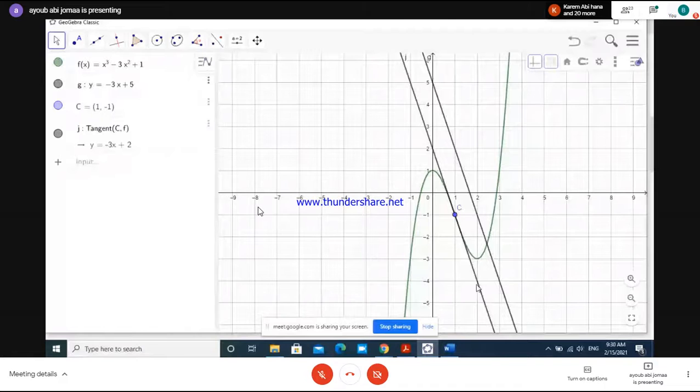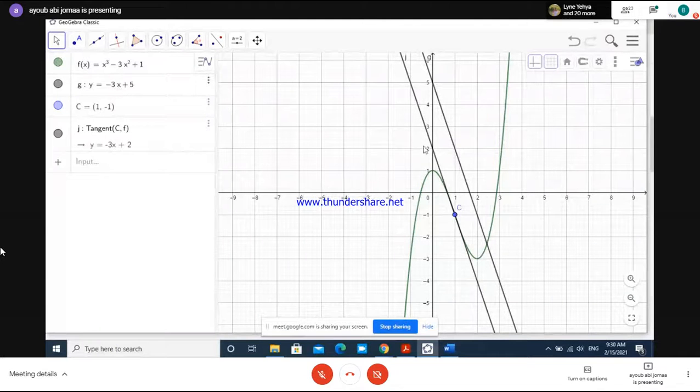And one more thing: in our solution we got x equal 1. We still have to find y. You don't replace x by 1 in the equation of the line.